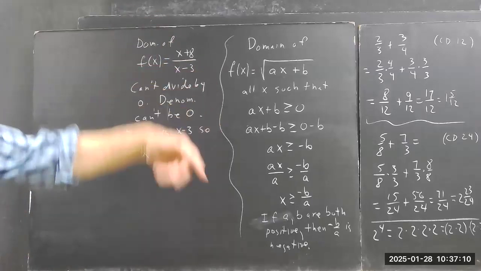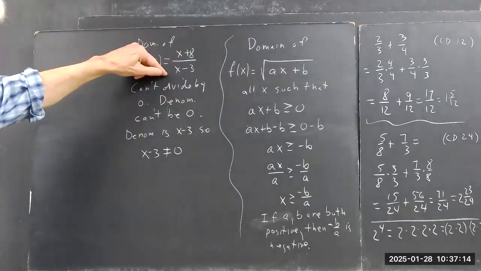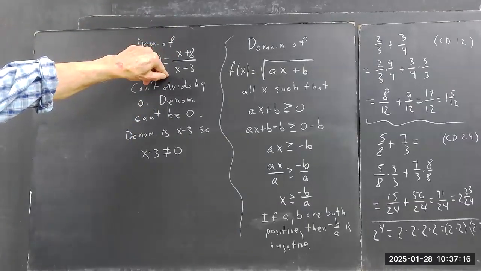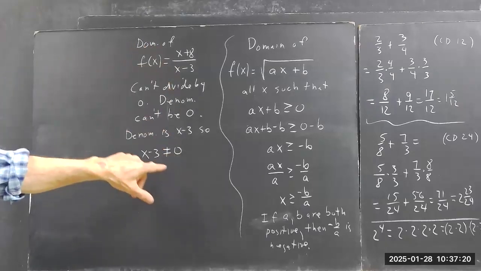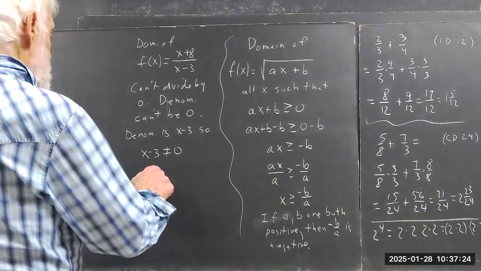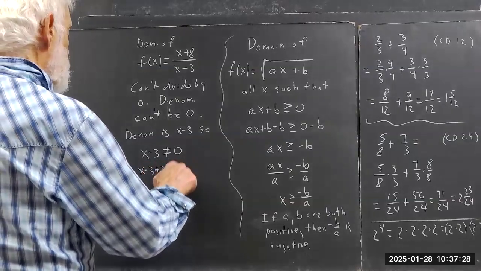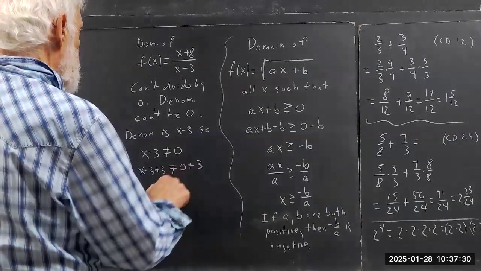Or you could just set this thing equal to 0 and say you can't do that, right? Or you can just look and say, oh, x can't be 3. Okay. And just looking is okay. You have to know that you could write it out like this. And then x minus 3 plus 3 cannot be 0 plus 3.